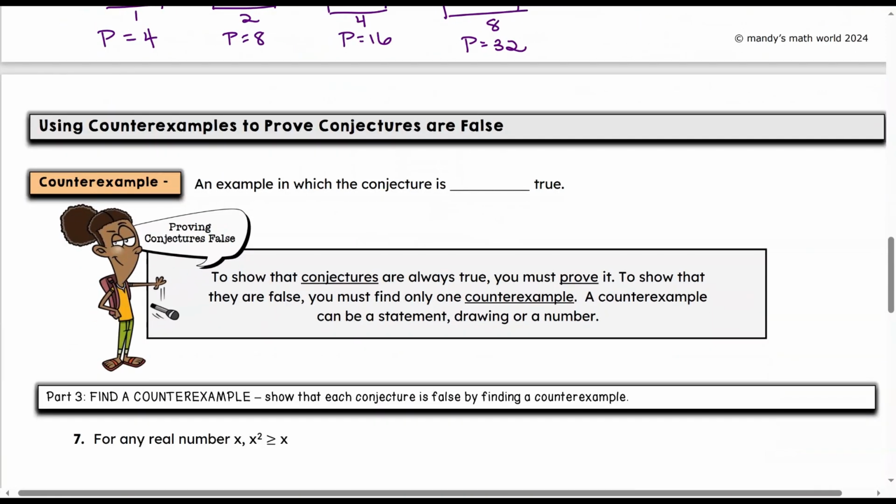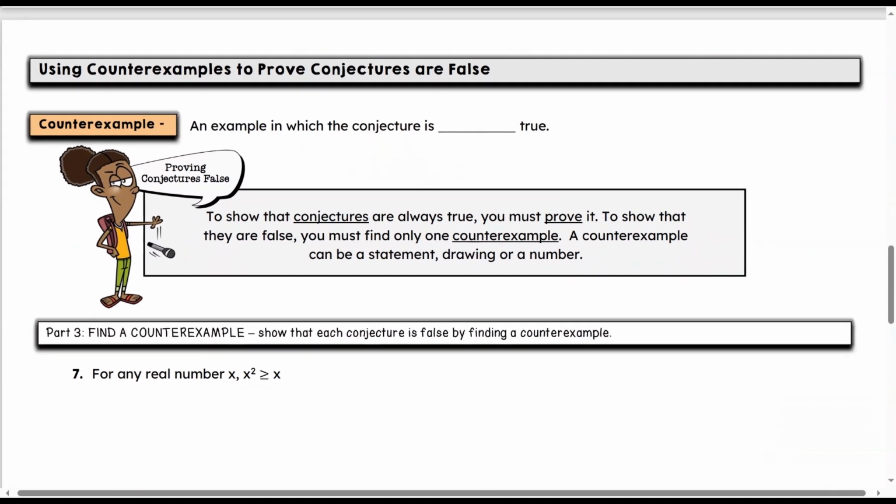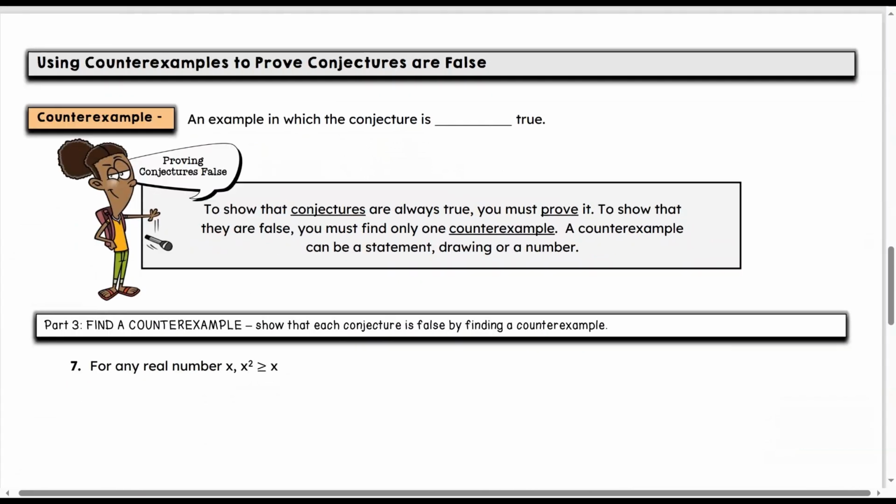Okay, so we've talked about the inductive reasoning process of observing specific cases, identifying a pattern, and then forming a conjecture. But remember that a conjecture is not to be accepted as fact, okay? We can always find a counterexample, and a counterexample is an example in which the conjecture is not true.